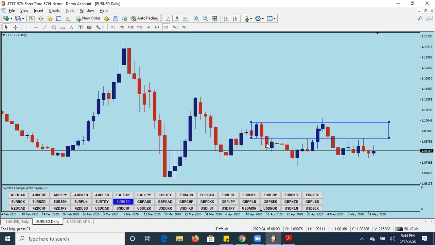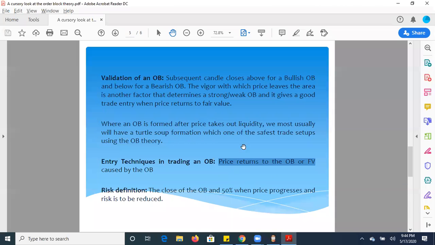When price begins to trade back into this order block, that is when we look for opportunities to take price in the opposite direction. And I think we've explained that in the previous videos. That's the meaning of this entry technique: price returning to the order block of fair value, right?